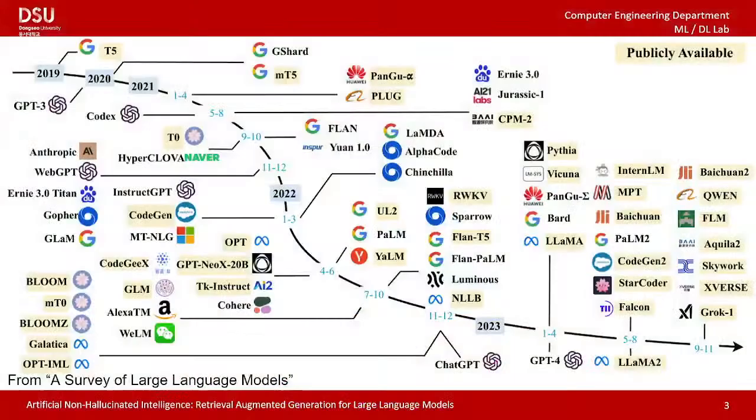So, what exactly are LLMs? At their core, they are transformer neural networks designed to process and generate text. By analyzing patterns in language, LLMs can produce coherent and contextually relevant responses to a wide range of prompts.